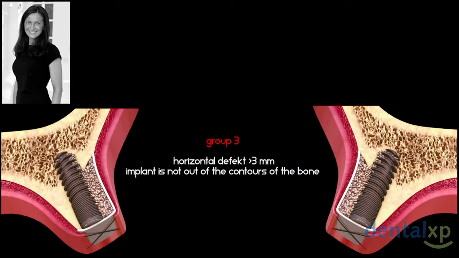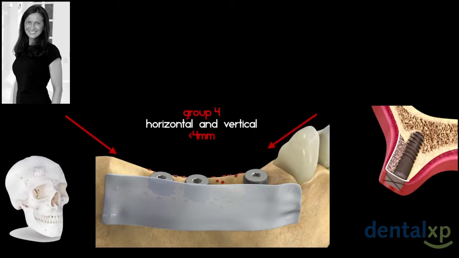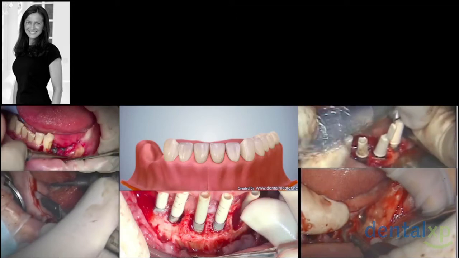Group 3, horizontal or vertical defects which exceeded 3 millimeters. Now, you saw spectacular techniques with collagen membranes, with PTFE, with titanium reinforced. What works in my hand is the sonic weld technique, which is a polylactid membrane.